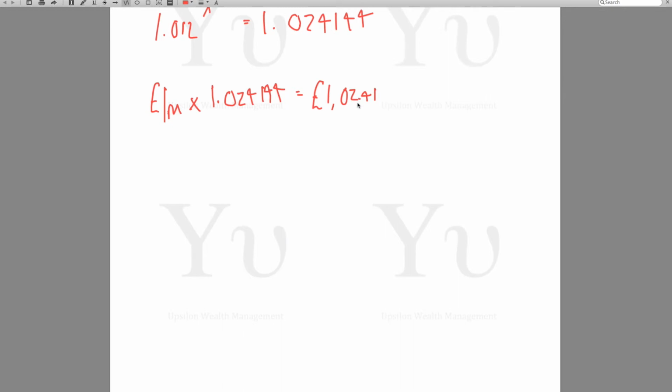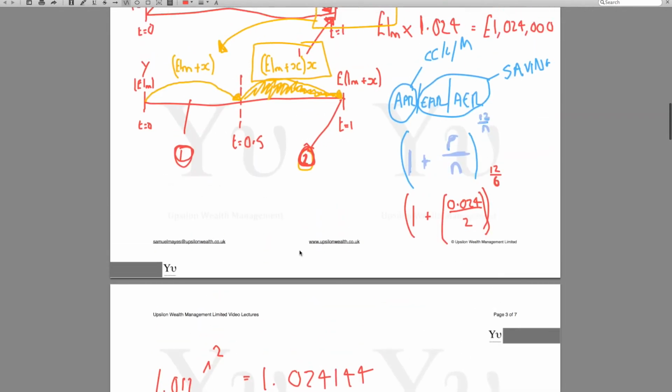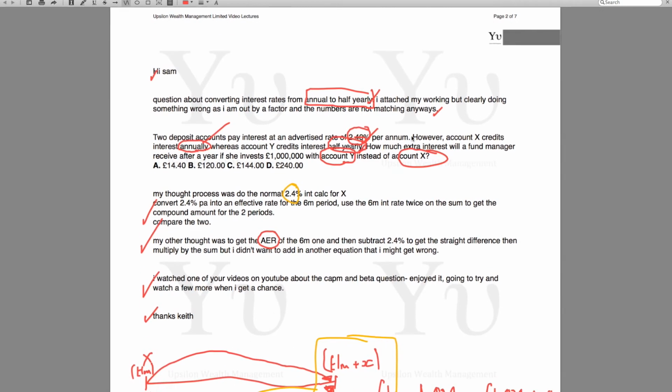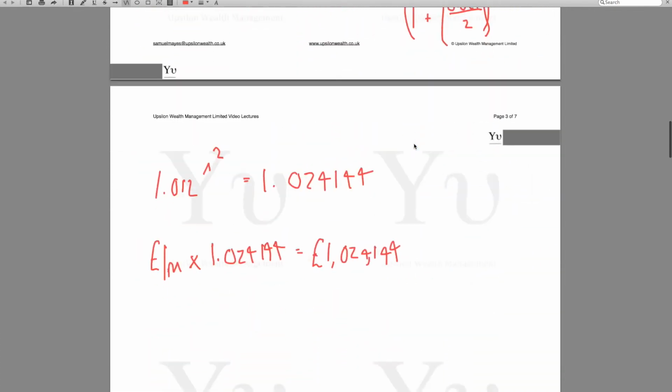Okay, now we want to see how much extra we have by doing this. I think that was the question. Yep, how much extra interest has the fund manager achieved for us?